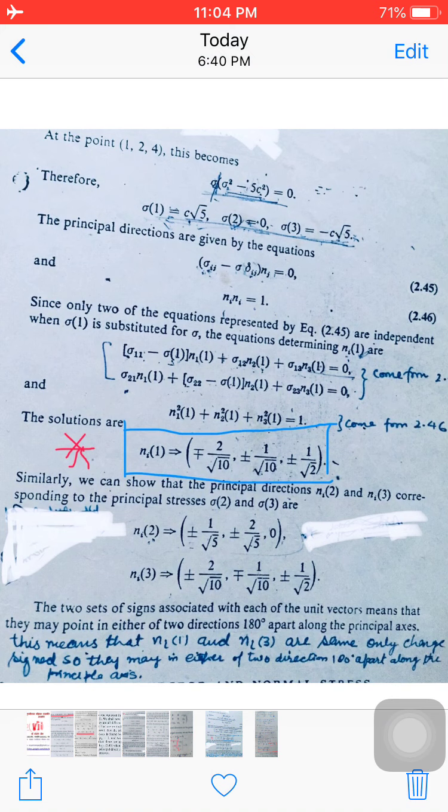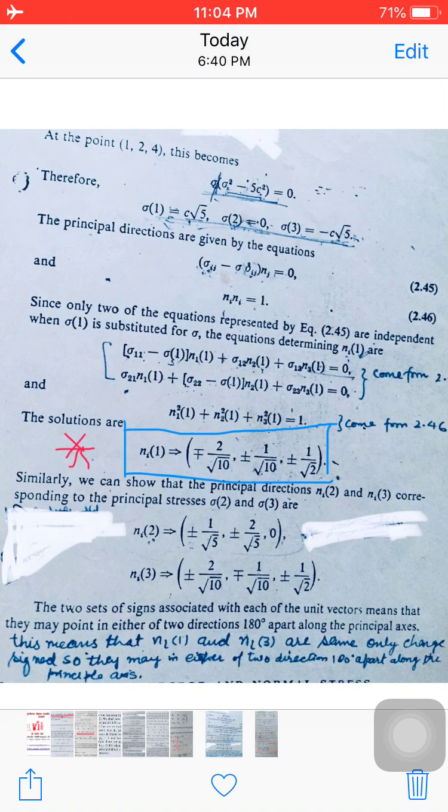Okay, so these two sets of signs associated with each of the unit vectors mean that the point of either of the two directions is 180 degrees apart from the principal axis. This means that ni1 and ni3 are the same, only changed in sign. You can see easily ni1 and ni3 only change in sign after solving.